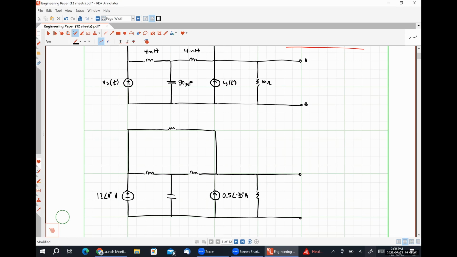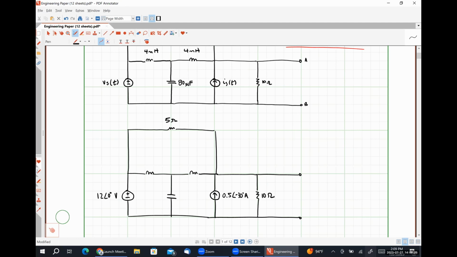The impedance of a resistor is just the resistor value itself, right? So a 5 ohm resistor in the time domain is still going to look like a 5 ohm resistor in the frequency domain. So I can put a 5 ohm resistor here and a 10 ohm resistor here because resistors don't change when we convert from the time domain into the frequency domain.